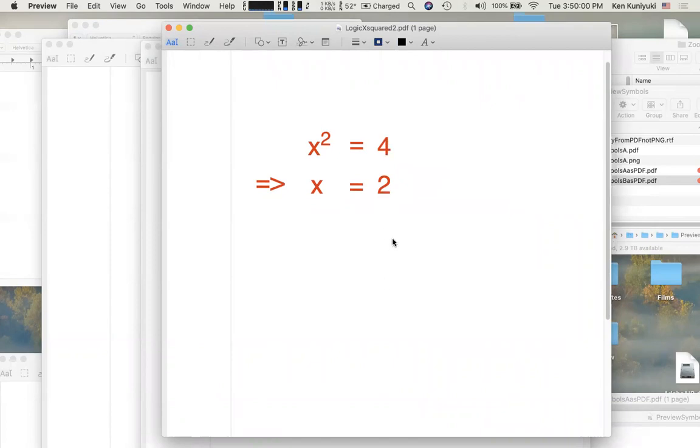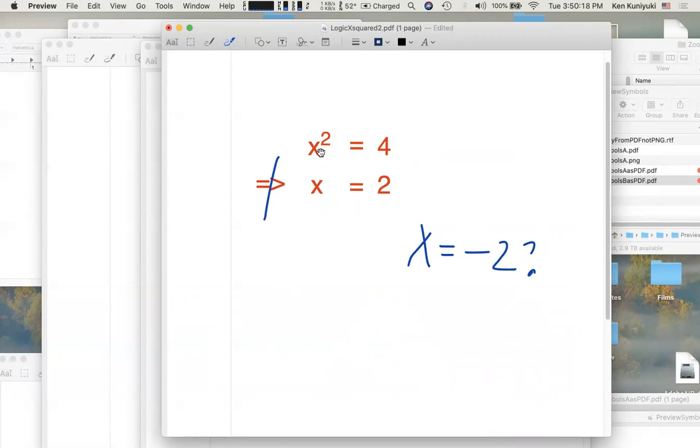If x squared is 4, x could be -2. That's a counterexample. That would cause the top to be true, but not the bottom. So x squared equals 4 does not imply that x equals 2.